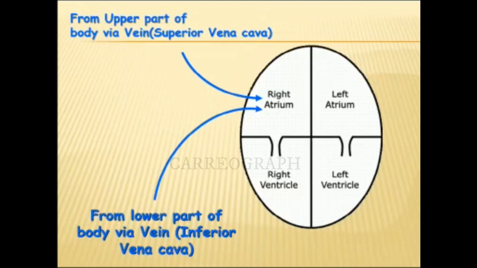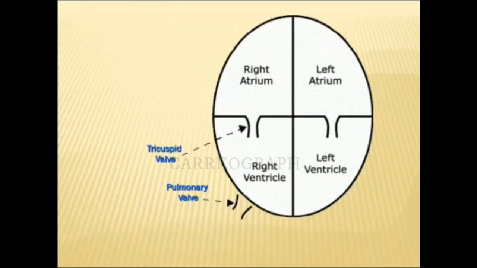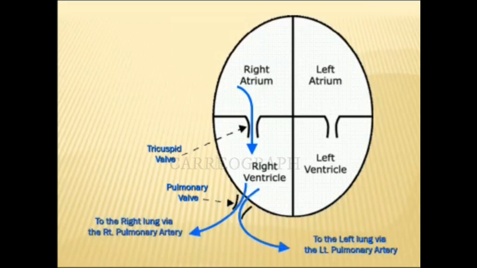When this right atrium is completely filled with deoxygenated blood, it goes into the right ventricle through the tricuspid valve. As the right ventricle gradually fills, the pulmonary valve opens, and this blood goes into the pulmonary artery.